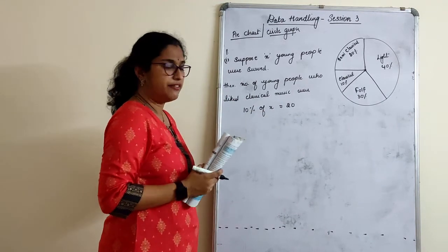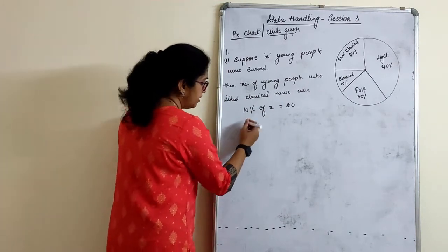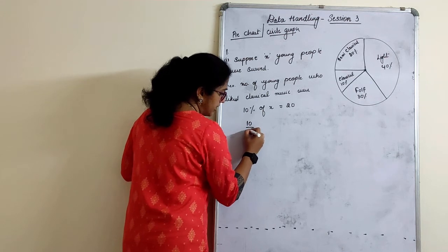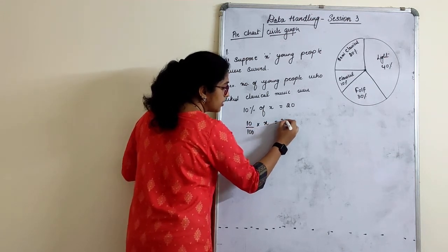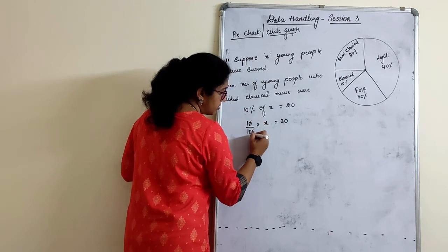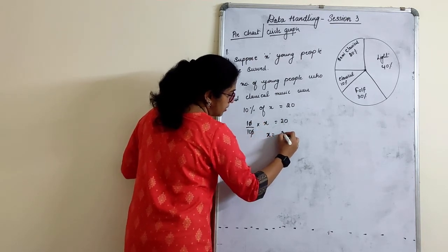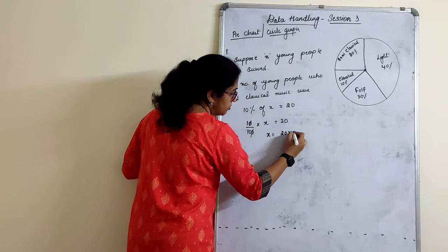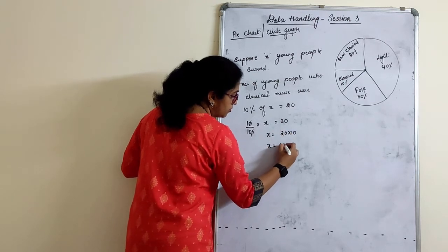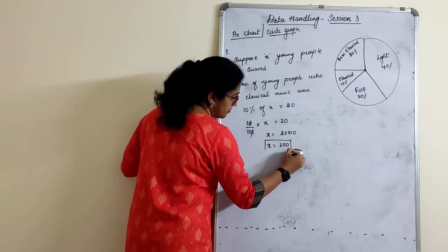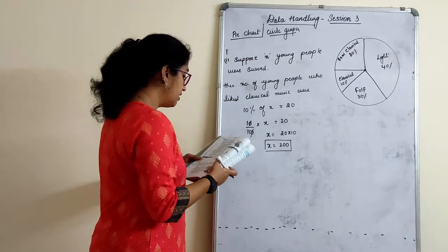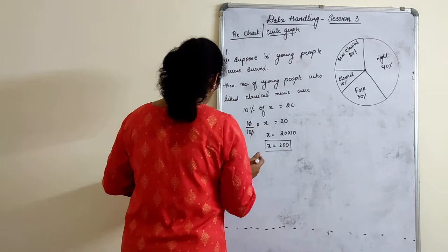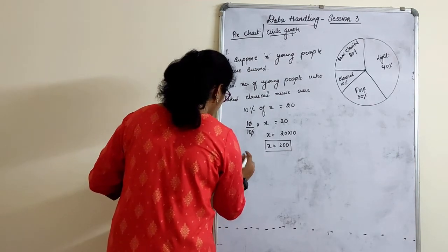Is this correct, what I have written? Same as my explanation. 10% is written as 10 by 100 into X is equal to 20. So X is equal to 20 into 10, X is equal to 200. Therefore, how many were surveyed, children? That means 200 people were surveyed.